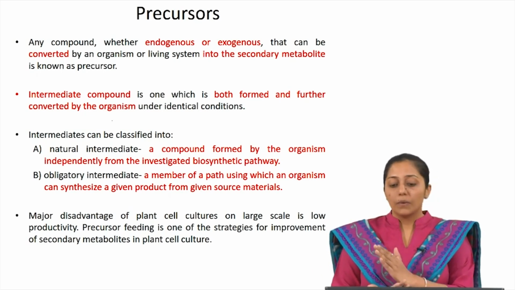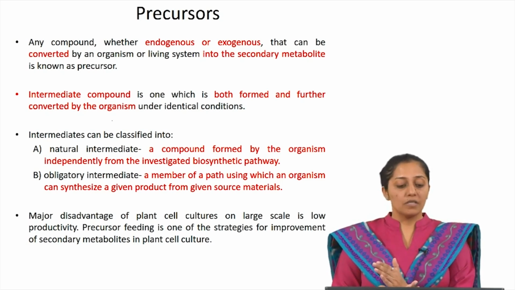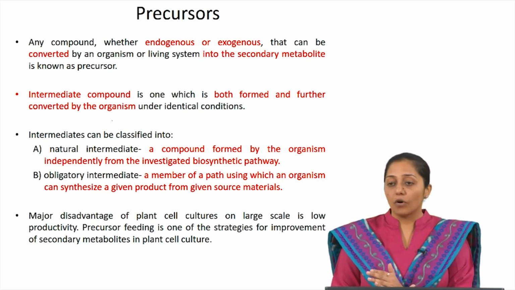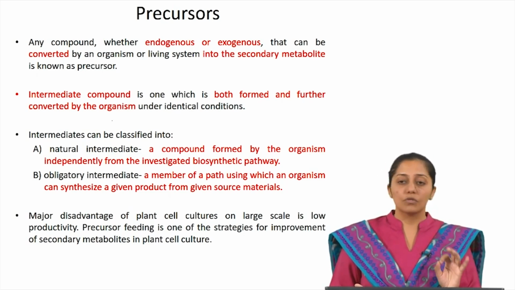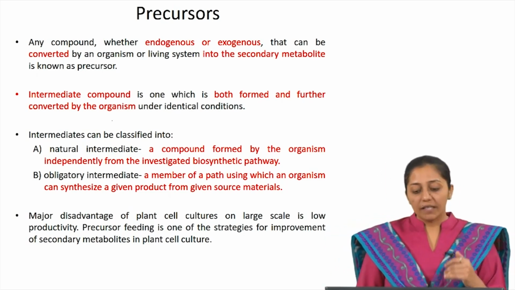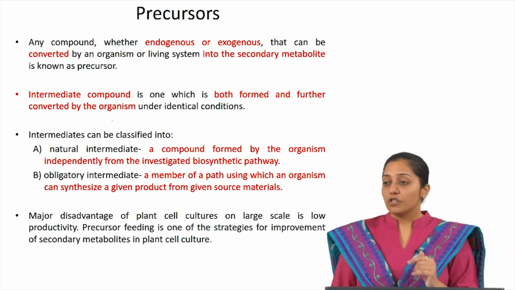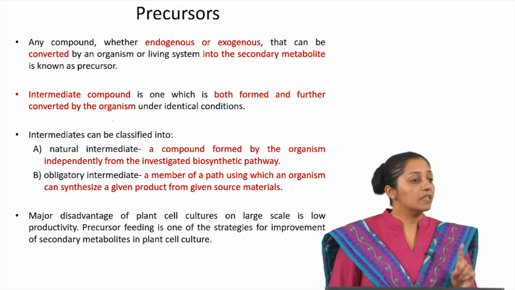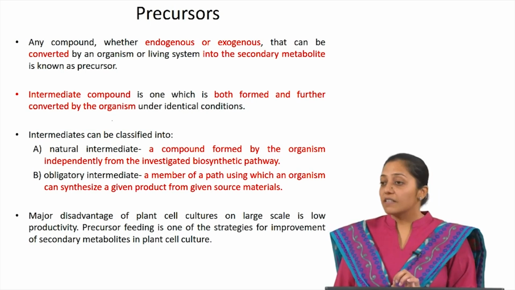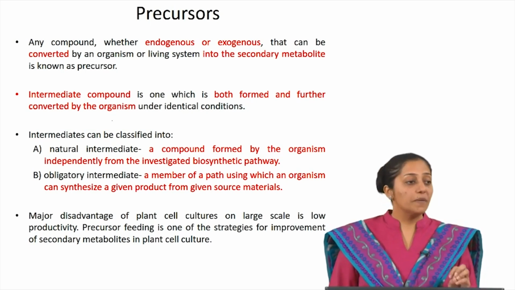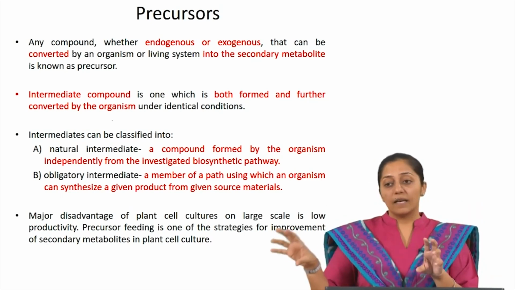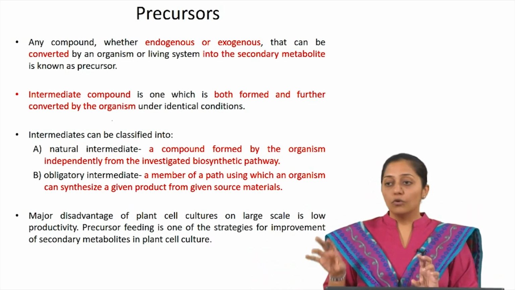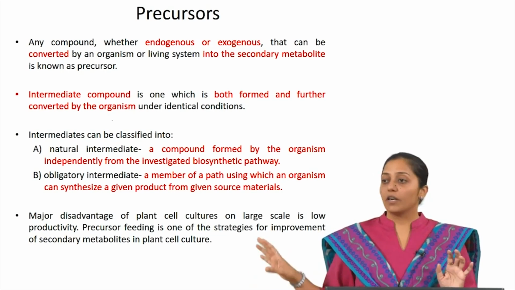Any compound, whether endogenous or exogenous, that can be converted by an organism or a living system into the secondary metabolite of interest is known as a precursor. An intermediate compound is one which is both formed and further converted by the organism under identical conditions, which means that an intermediate compound will be formed and at the same time will be catabolized to form your product.